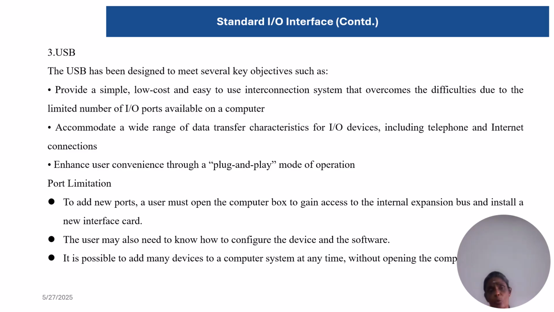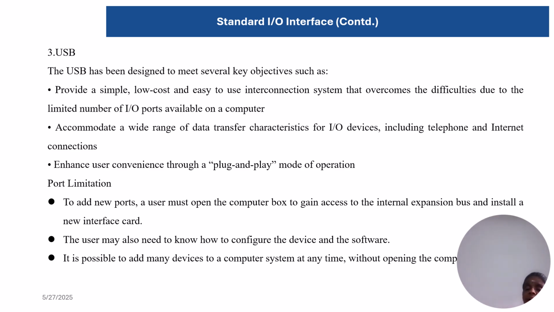And then the third one, universal serial bus, USB, has been designed to meet several key objectives. First, provide a simple, low cost, easy to use interconnection system that overcomes the difficulties due to the limited number of IO ports available on a computer.